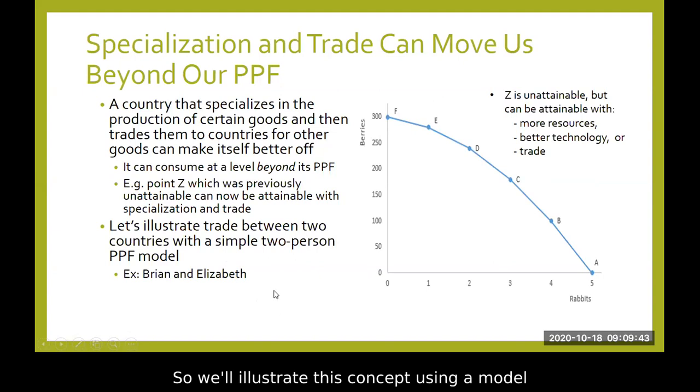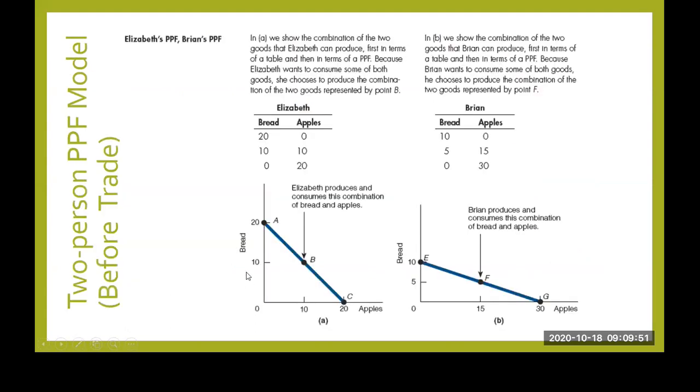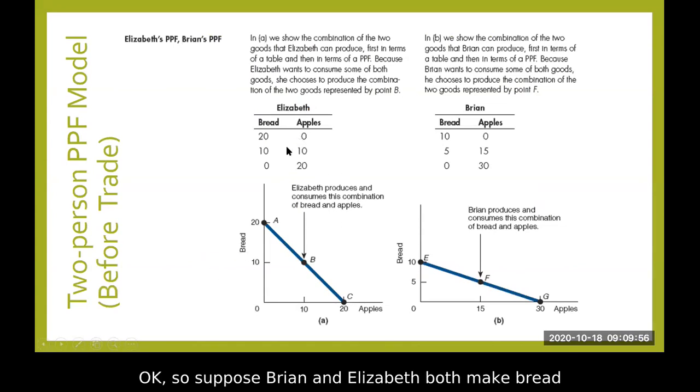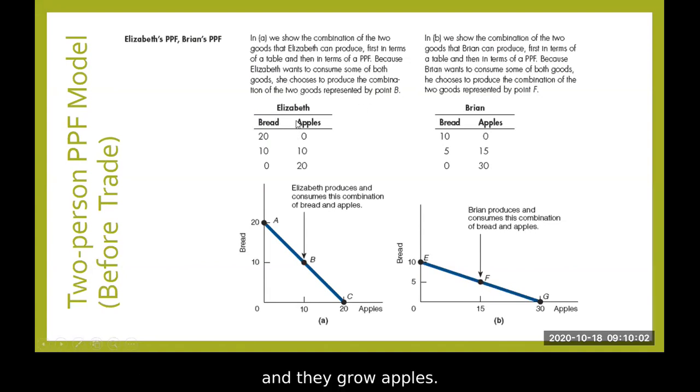So we'll illustrate this concept using a model with two individuals, Brian and Elizabeth. Suppose Brian and Elizabeth both make bread and they grow apples. These are three different combinations of output that Elizabeth can produce.